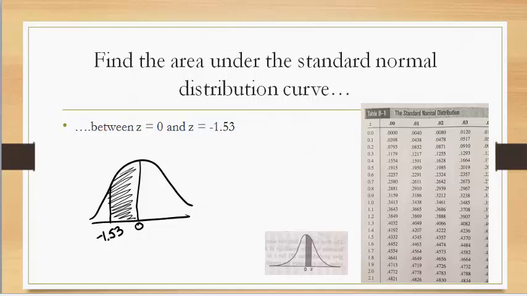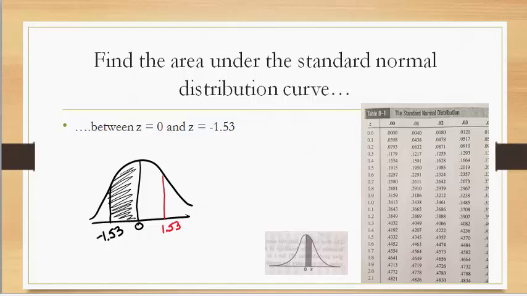All right, so I want to show you something just for a second, and if we were in class I would tell you not to write this part down, but just to watch. What I'm going to do is, since the table only has positive numbers, I'm going to draw a line on the right-hand side of the curve, and note that that line is positive 1.53.